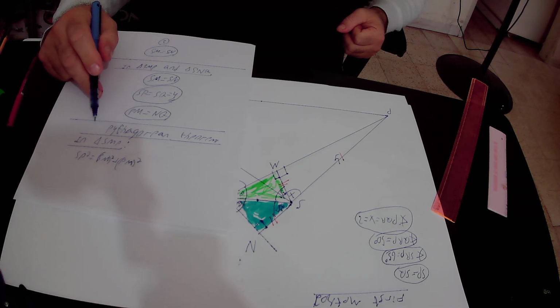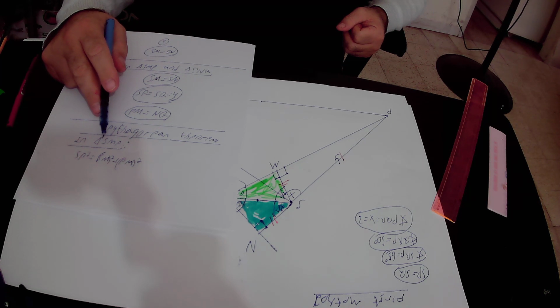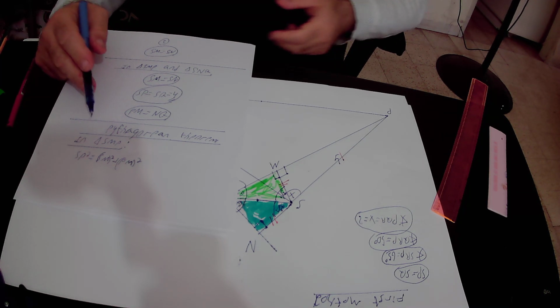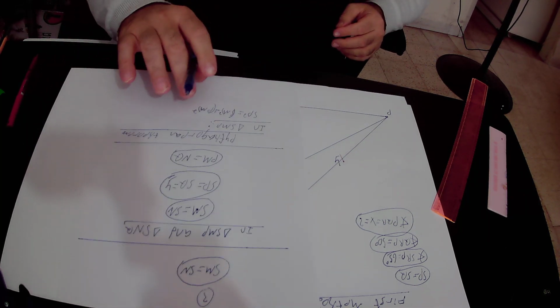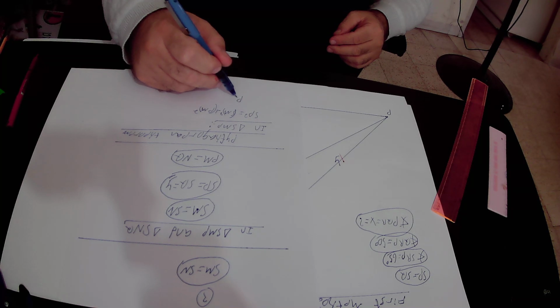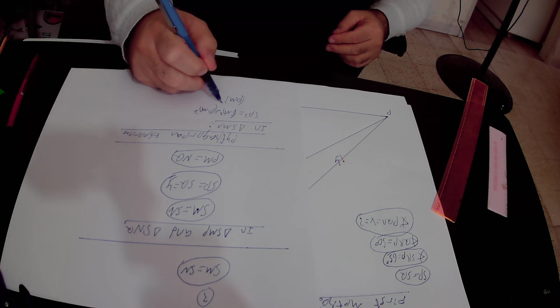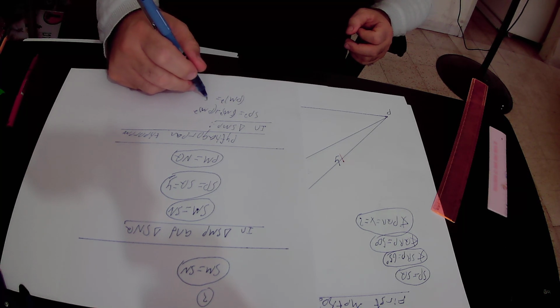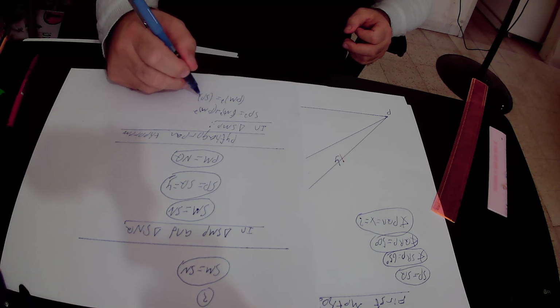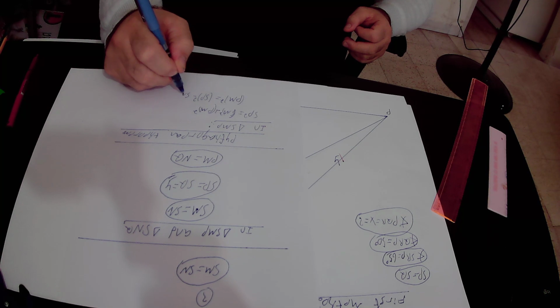So here we will subtract SM square from this equality and we will get that PM square equals SP square minus SM square.